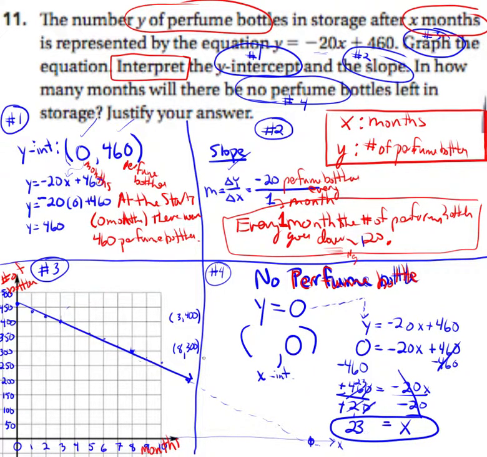Now, notice I left a little space there because this is a word problem and we need a label. So x, if I look up here, is months. So it takes 23 months to sell all the perfume bottles or to ship all the perfume bottles out, 20 a month.